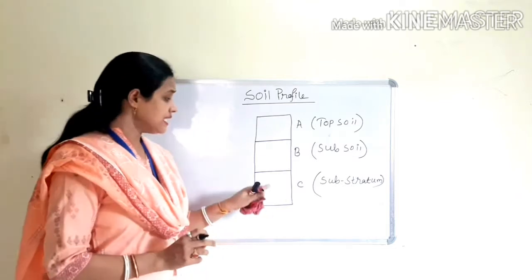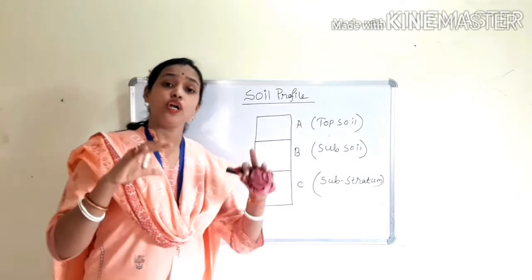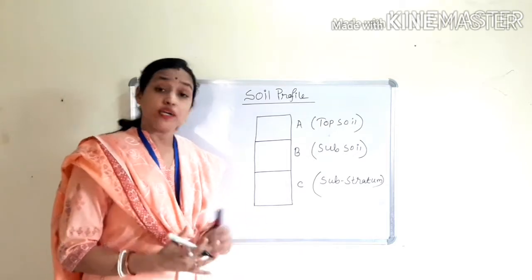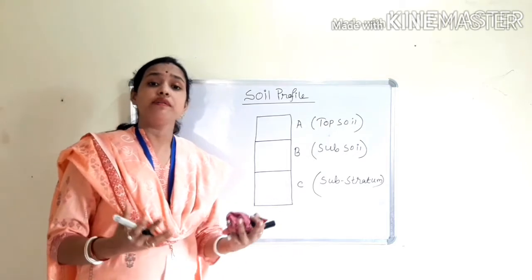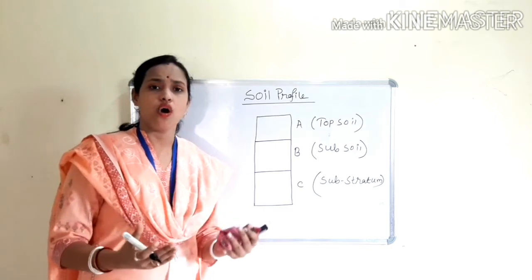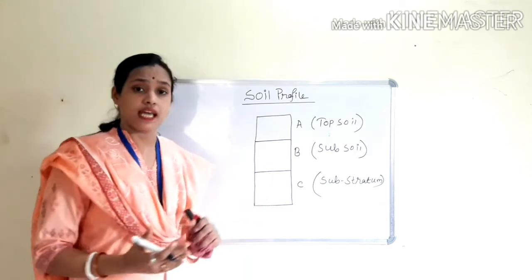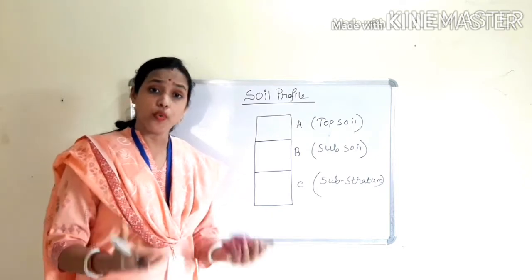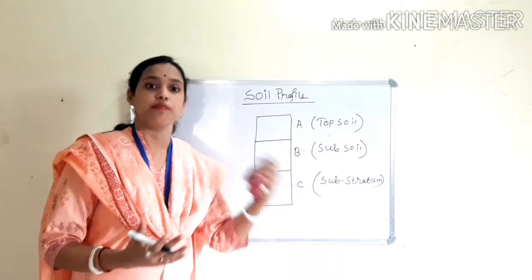Now, in C layer, we find different broken-down boulders which come from parent rock. Now, what do you mean by parent rock? Parent means what? Mother or father. Here in this case, parent rock means the material from which soil has developed.